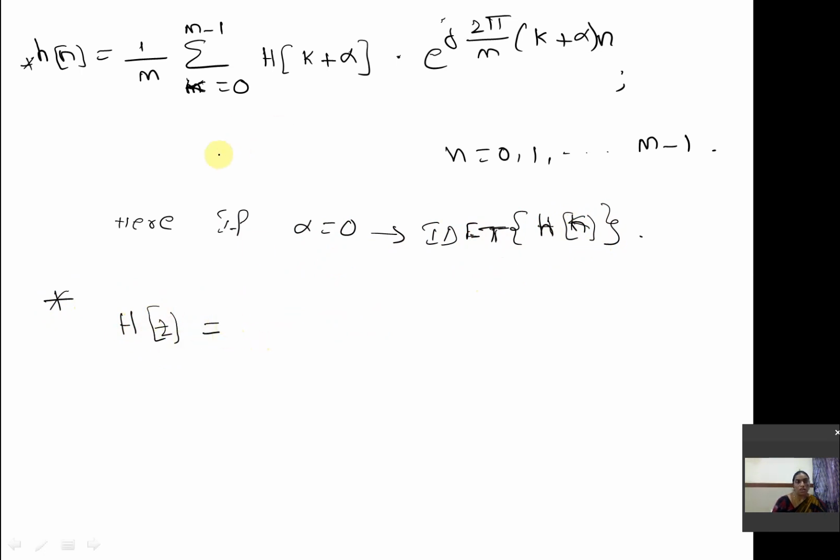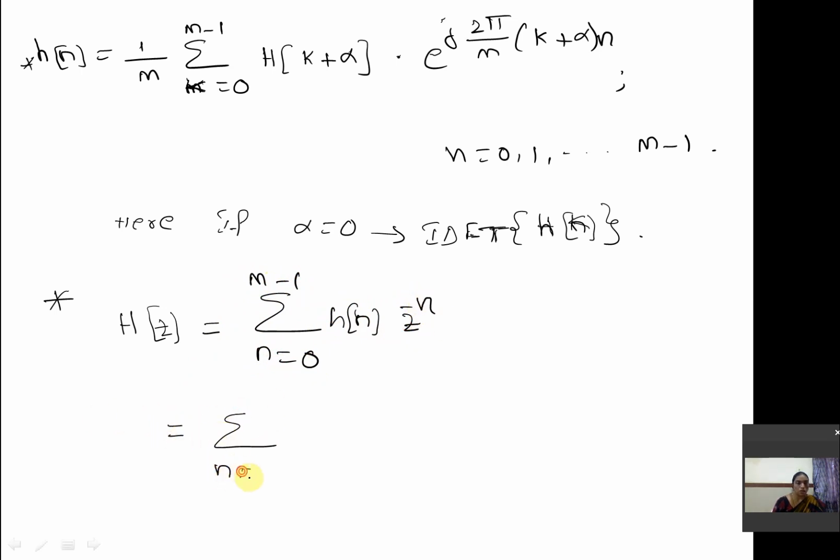Now in this way we find the h of n value from the H of omega, where omega has samples, some samples like omega k, that is also given as 2 pi by M (k plus alpha). Okay, now H of z is equal to summation n = 0 to M minus 1 h of n into z power minus n. So take the z transform equation.